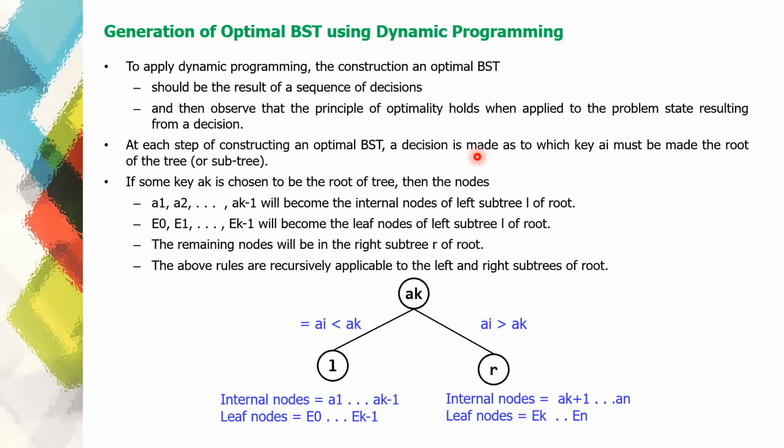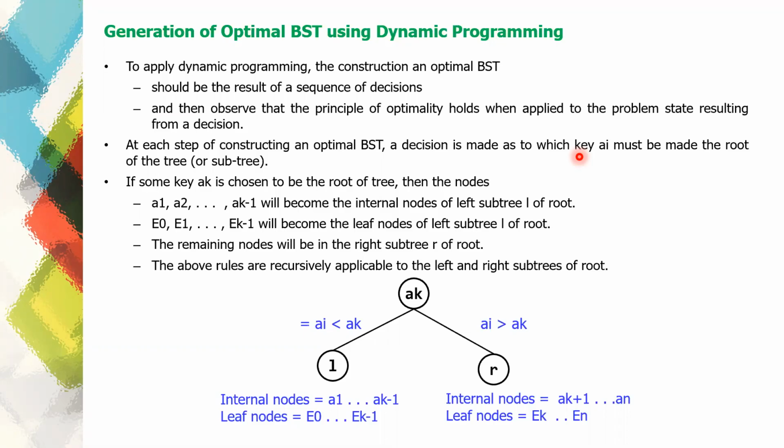What kind of decision do we want to make? We want to make a decision regarding which key among the available keys must be selected next to insert into the tree.